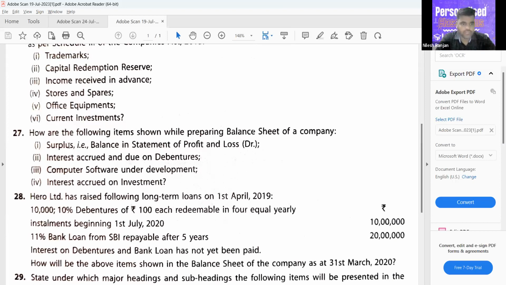Yes, other current liabilities. Very good. The third one is under property, plant and equipment? Yes, it is intangible assets under development.